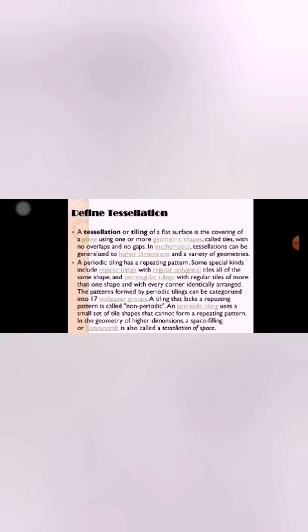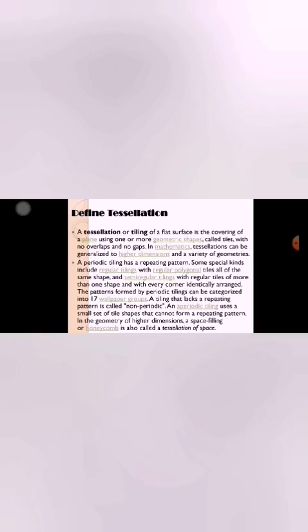Some special kinds include regular tilings with regular polygonal tiles, all of the same shape, and semi-regular tilings with regular tiles of more than one shape and with every corner identically arranged. The patterns formed by periodic tilings can be categorized into 17 wallpaper groups.